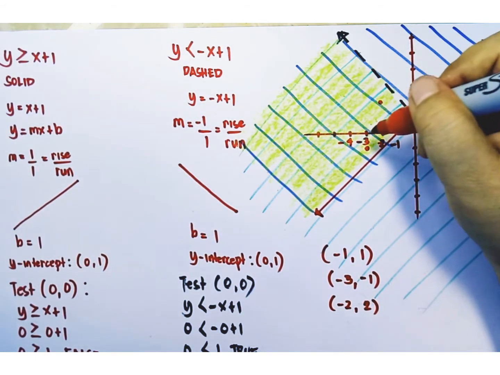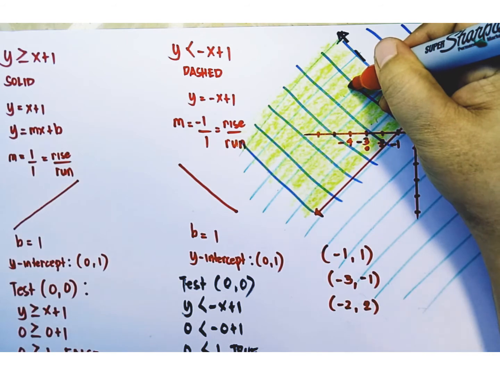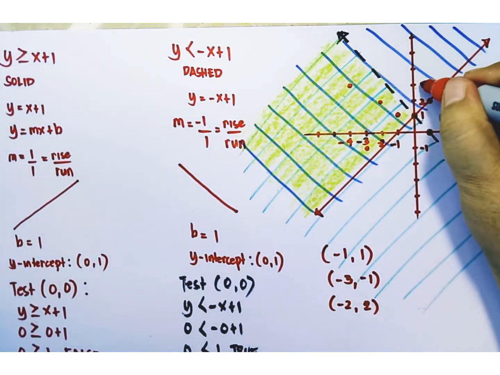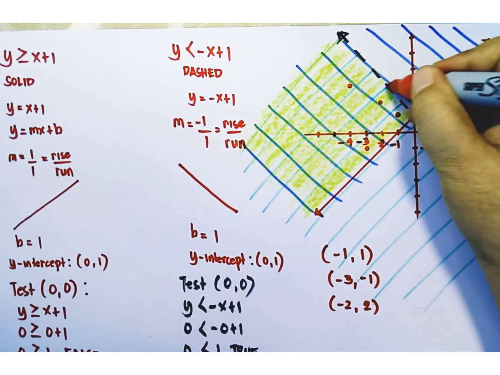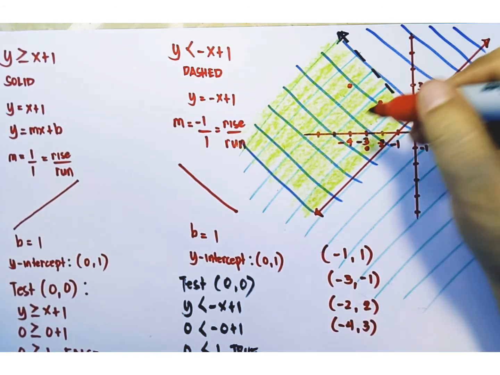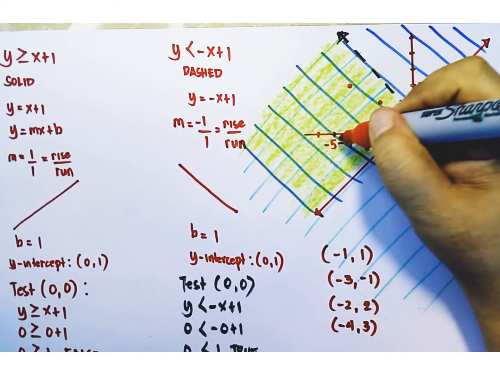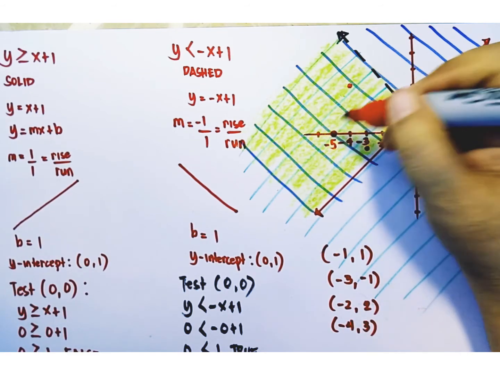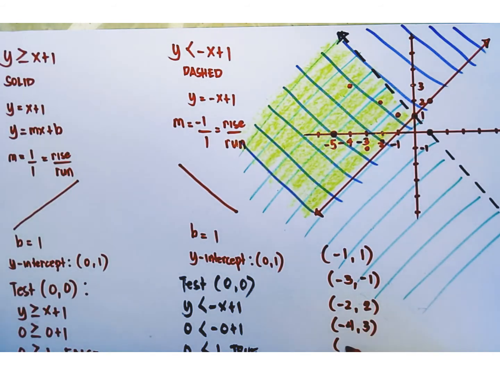Fourth point. The x-coordinate is -4, the y-coordinate is 3. And for the last point, how about a point on the x-axis? Let's pick this one. The x-coordinate is -5, the y-coordinate is 0.